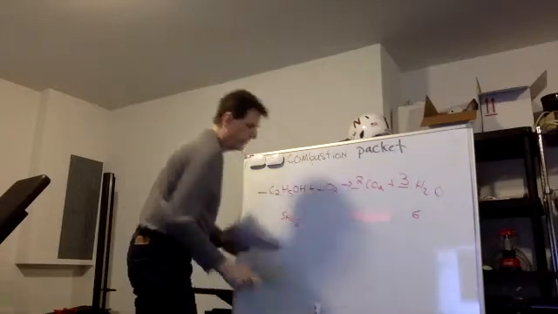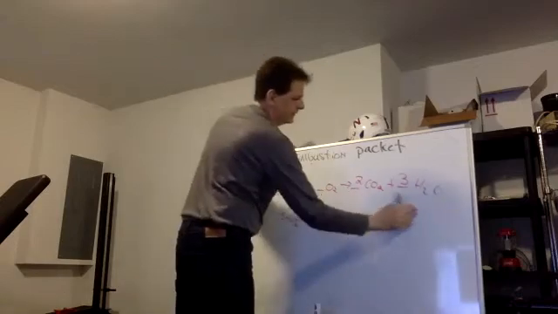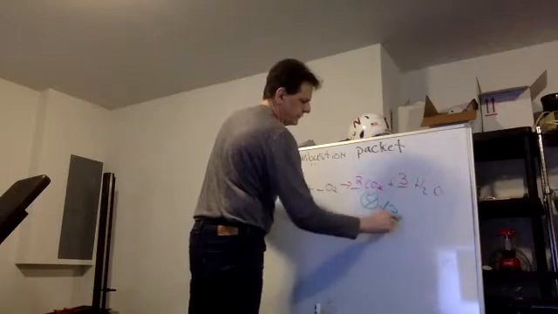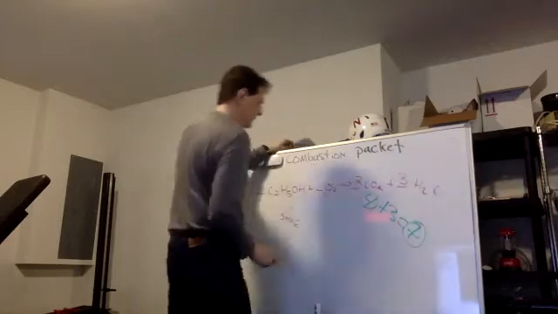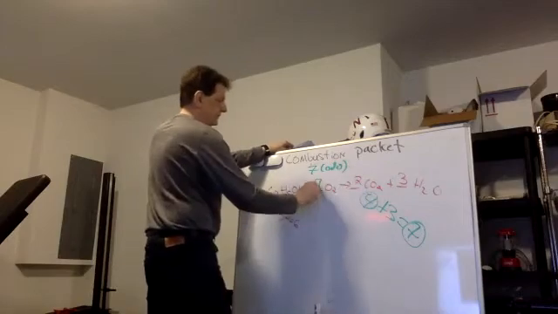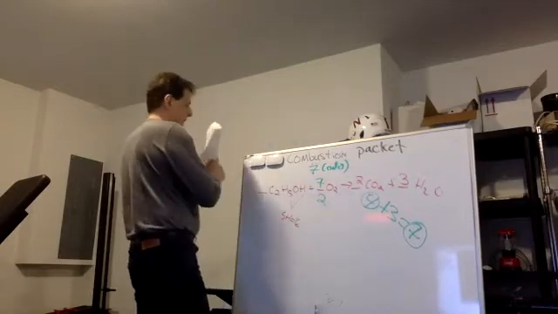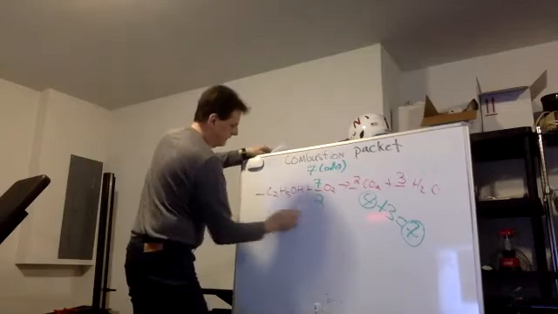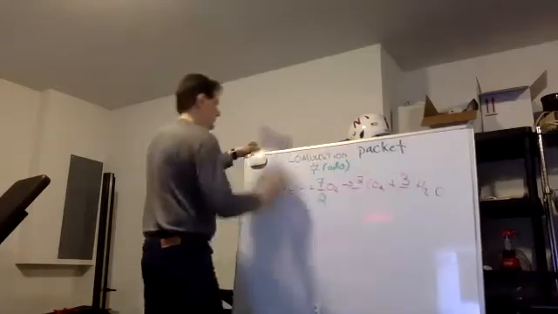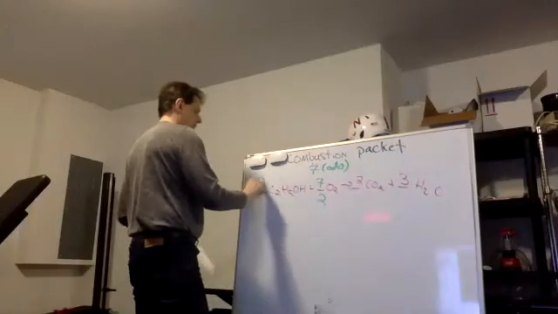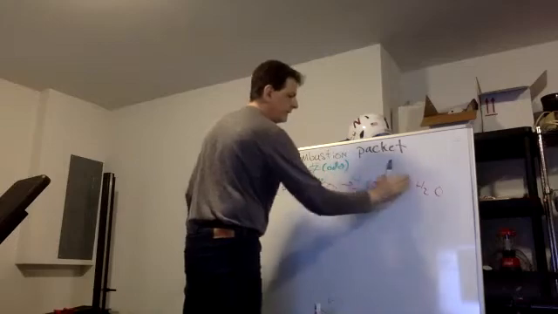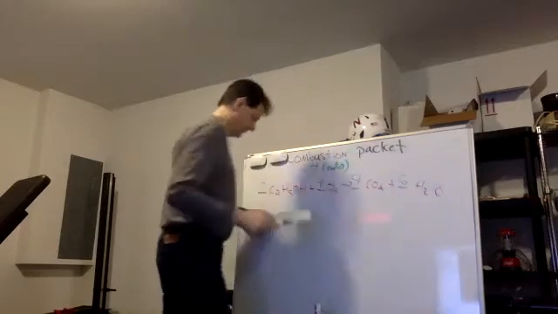You do your O count. 2 times 2 is 4. 3 times 1 is 3. 4 and 3 is 7. 7 is indeed odd. So you got 7 over 2. Then 2, 4, and 6.